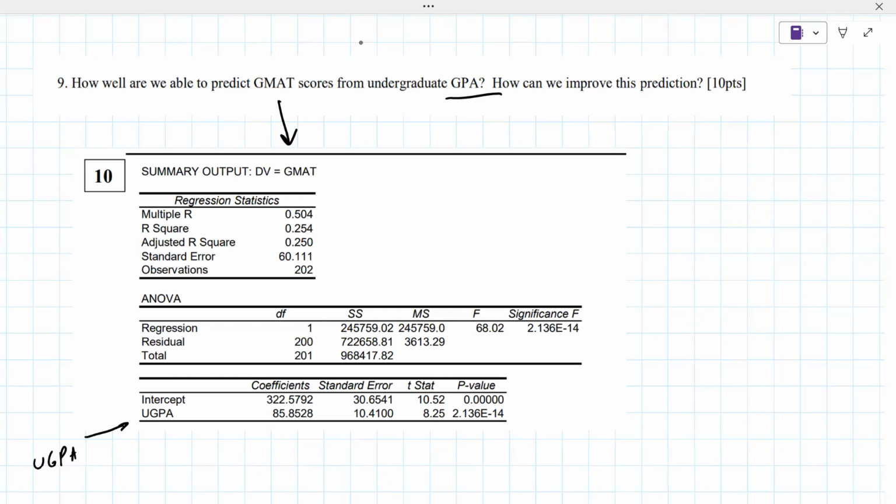So that's a good thing. We also know that this is significant, and that's good.